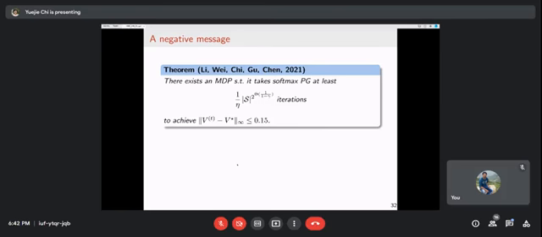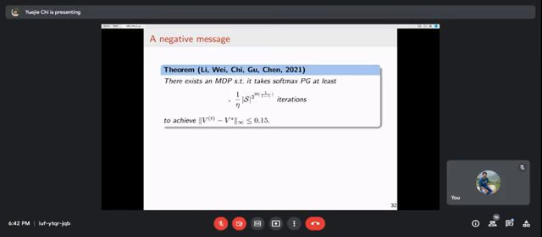And on the flip side, we actually delivered a negative message showing you can find an MDP where if you run the softmax PG to drive it within a constant error, it can take a super exponential number of iterations, on the order of the effective horizon.